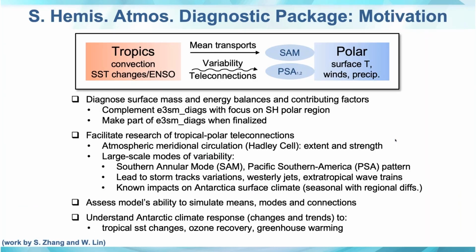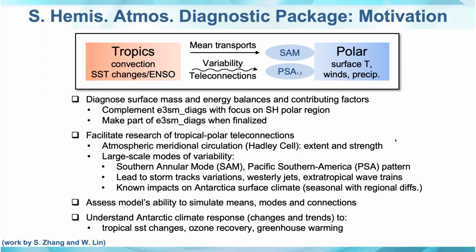I mentioned that Shishan and Nguyen have done a lot of nice work on improving our ability to look at the Southern Hemisphere atmosphere. The main interest here is in looking at a lot of different aspects of the southern polar climate that we hadn't had tools to diagnose before now.